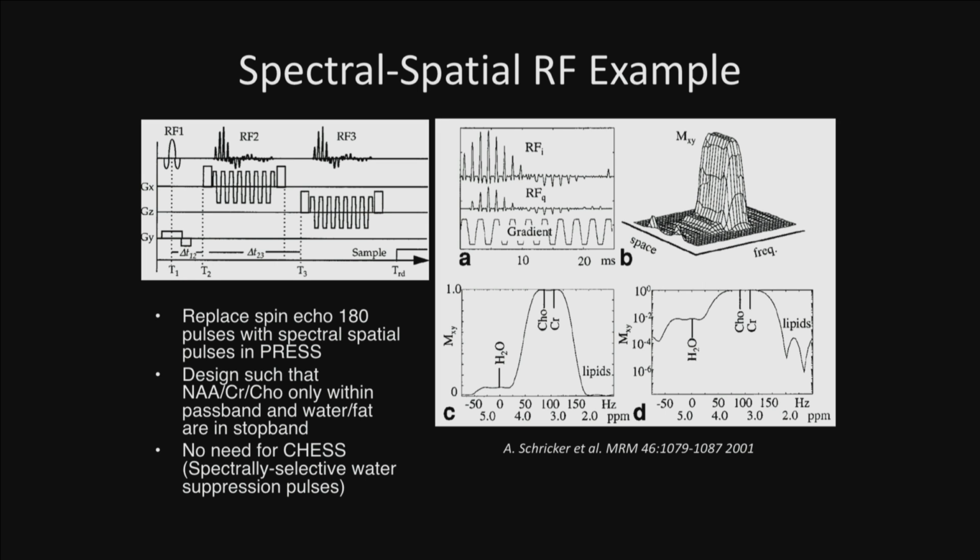I wanted to show this as it's a step beyond just exciting a region in the spectrum, a region in space. You can be more clever or creative with what you want to do in the spectrum, and you could also potentially do this in space as well.